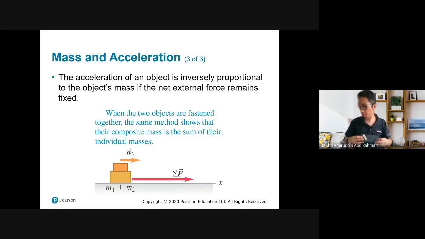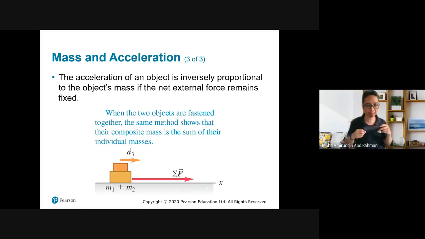The concept is that we have this object, let's say this is the calculator. We apply a certain force, and it will produce a certain acceleration. Then the other object, let's say the phone, has another force pulling in the x direction.